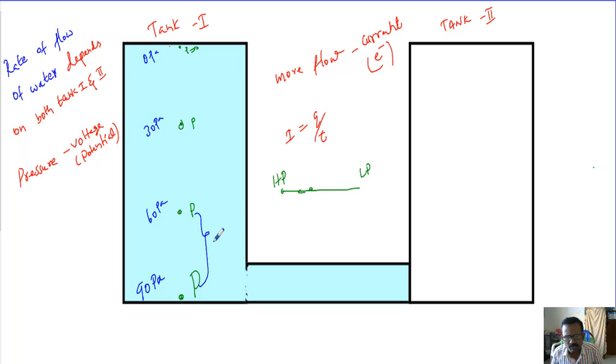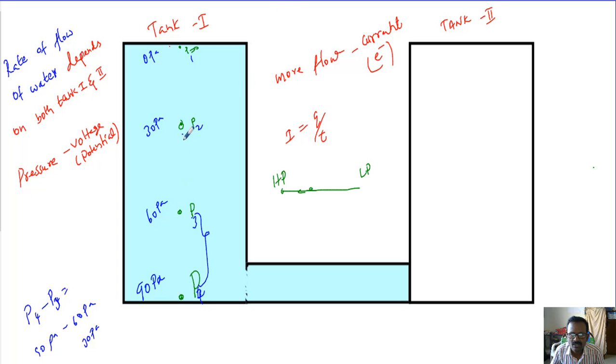What is the difference between this point and this point? This is point number 4, point number 3, point number 2, point number 1. What about the pressure difference between point 4 and point 3? 90 Pascal minus 60 Pascal. The potential difference is 30 Pascal. What about the difference between here and here? 30 Pascal.